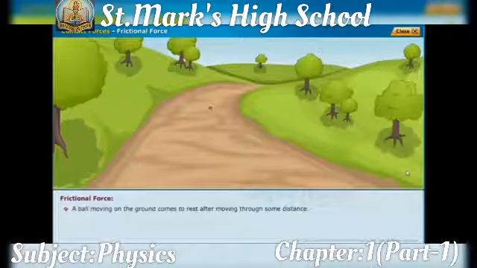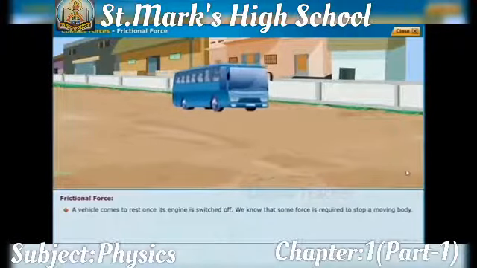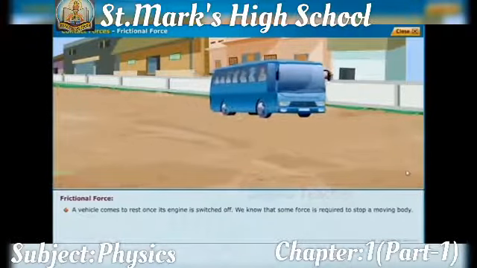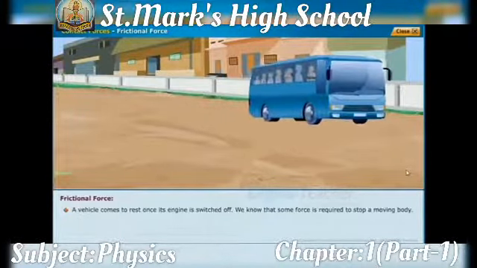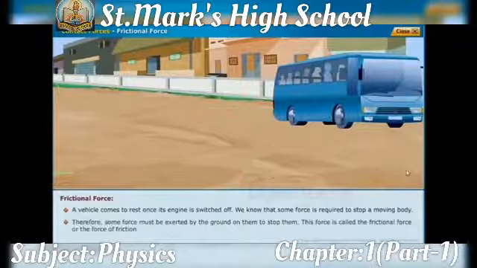A ball moving on the ground comes to rest after moving through some distance. A vehicle comes to rest once its engine is switched off. We know that some force is required to stop a moving body. Therefore, some force must be exerted by the ground on them to stop them.